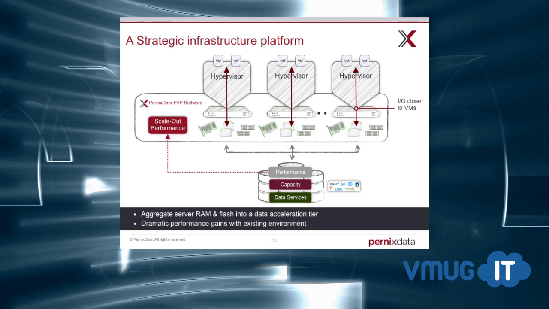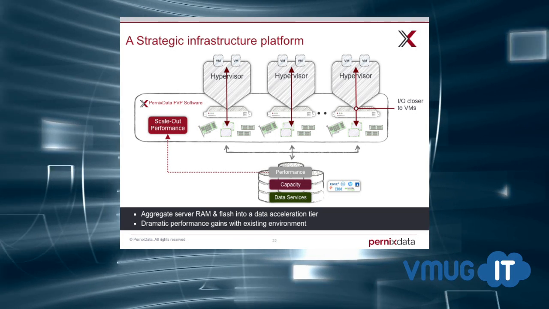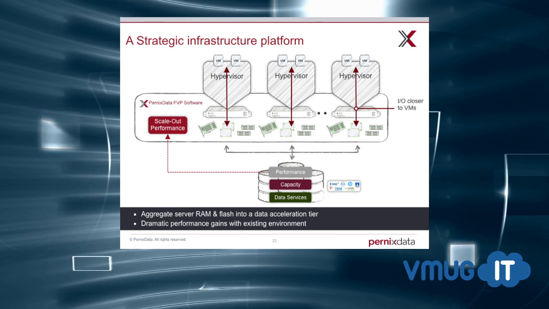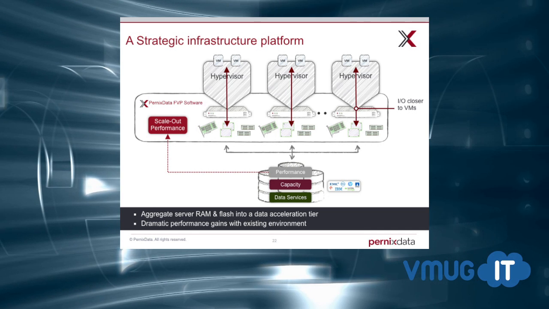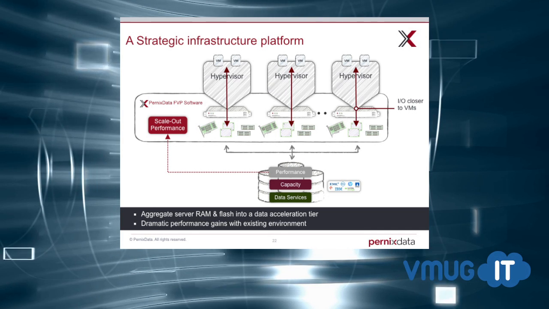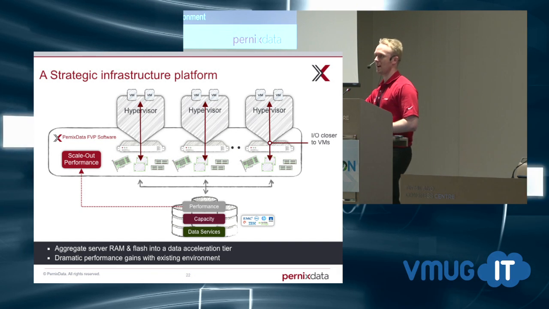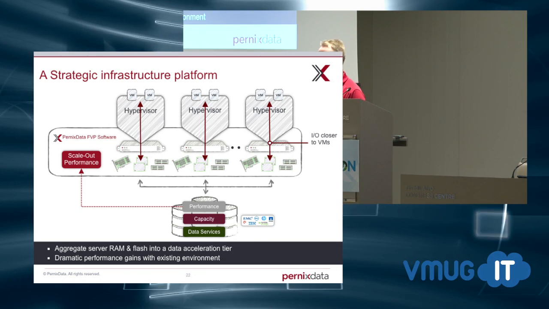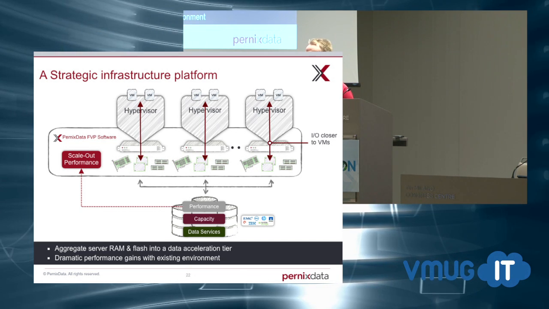So with PernixData, you put the PernixData software into your host. And when it's in your host, now you have a true scale-out storage performance platform. Because whenever you add more hosts to your environment, well, add host number 4 with a local 200,000 I/O flash device.